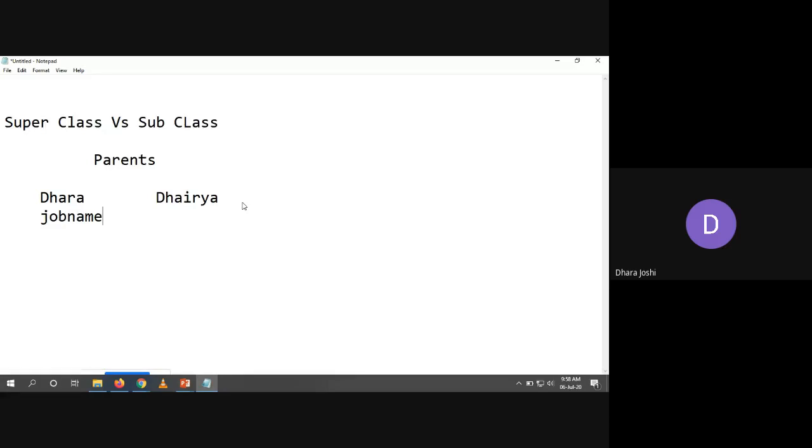So a superclass is one class which can be divided further into subclasses, and a subclass can inherit characteristics from the superclass, and can also have its own characteristics. You can take an example of your own if you are a subclass of your parents.